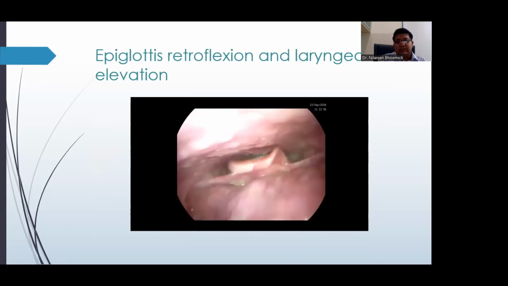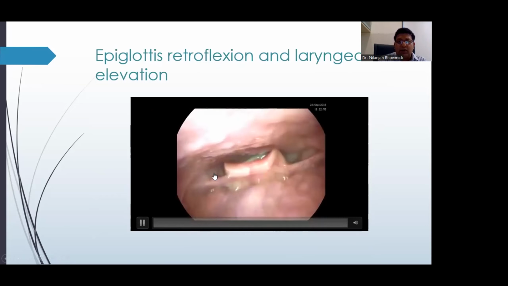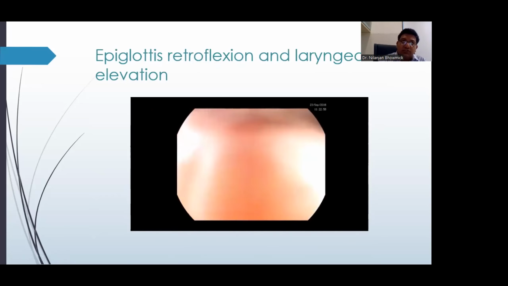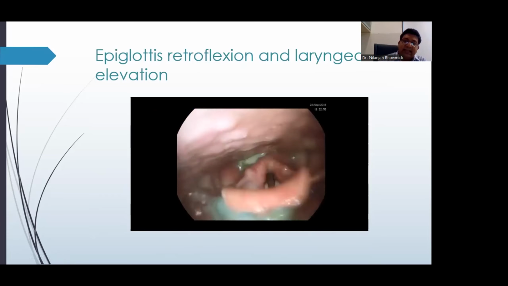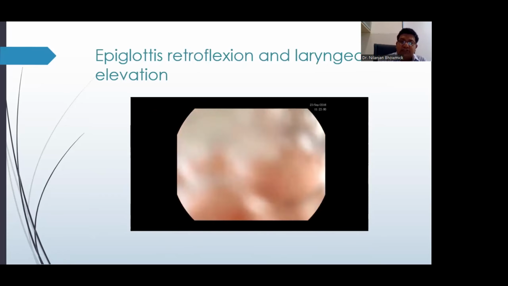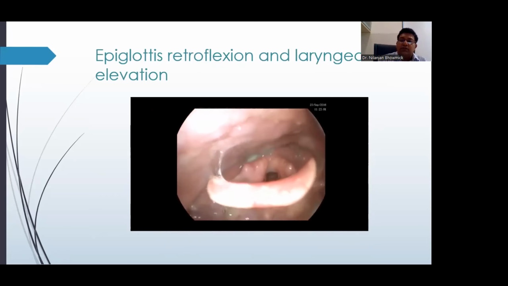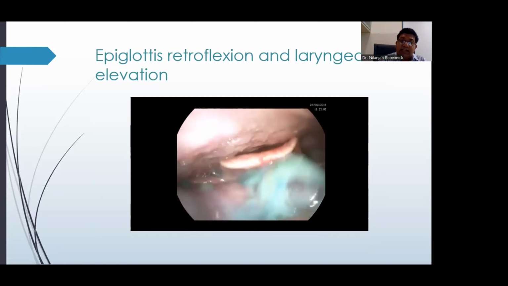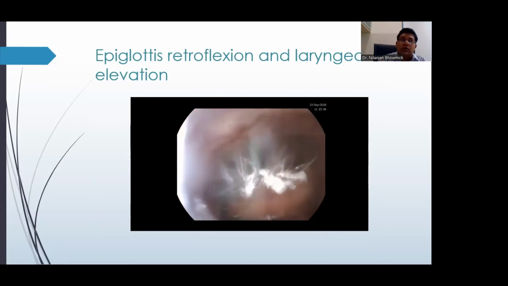Alongside these movements, there are two other movements which are occurring. One is the epiglottis retroflexion, wherein the epiglottis retroflexes and closes off the laryngeal inlet, and at the same time, the larynx elevates too. You can appreciate out here the epiglottis returning from the retroflexed position. The laryngeal elevation serves two functions.